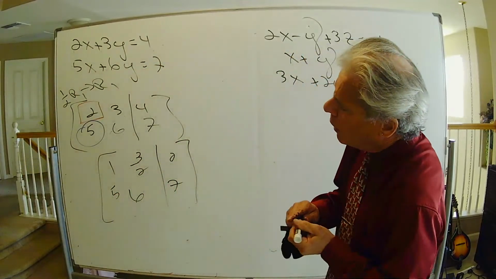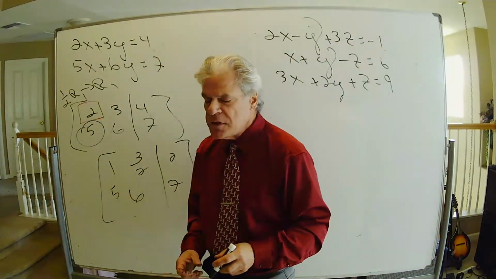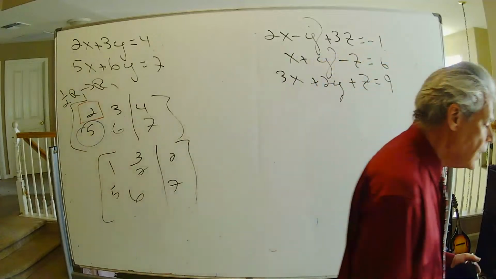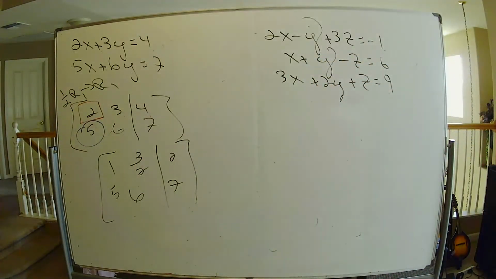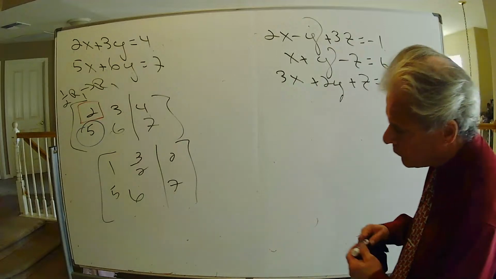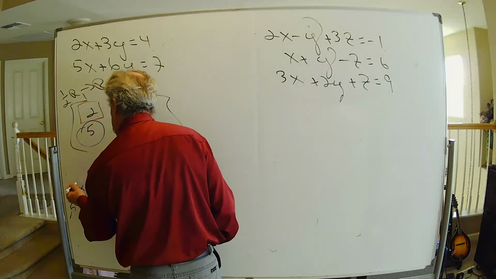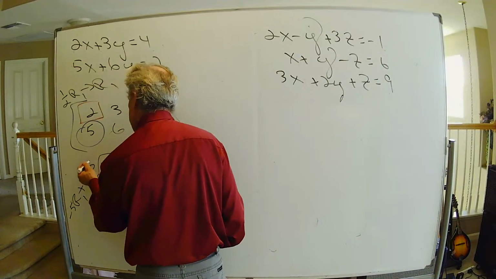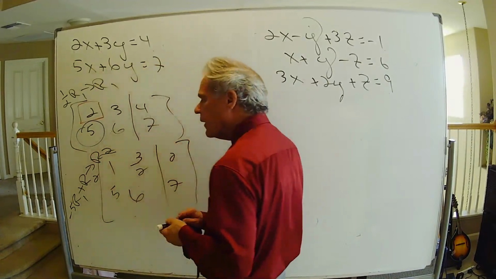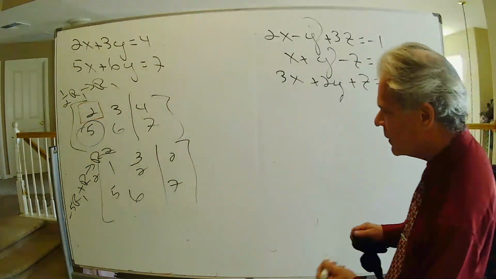Next, I'll force this 5 to be a 0, but typically when I want to force them to be a 0, I simply use the most previous row for which I created a leading 1. And so that'll be the first row. Notice if I multiply the first row by -5, add it to the second, and use the results for the new second row, that'll force that entry where the 5 is to be a 0. Because I can do this.